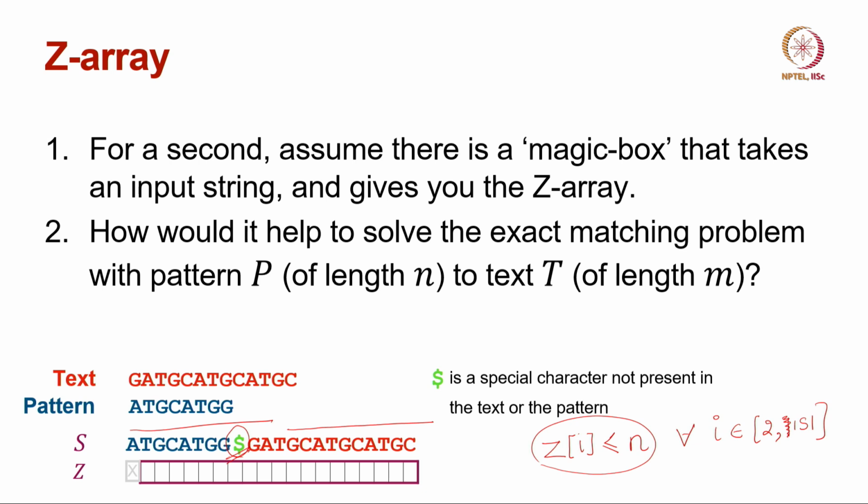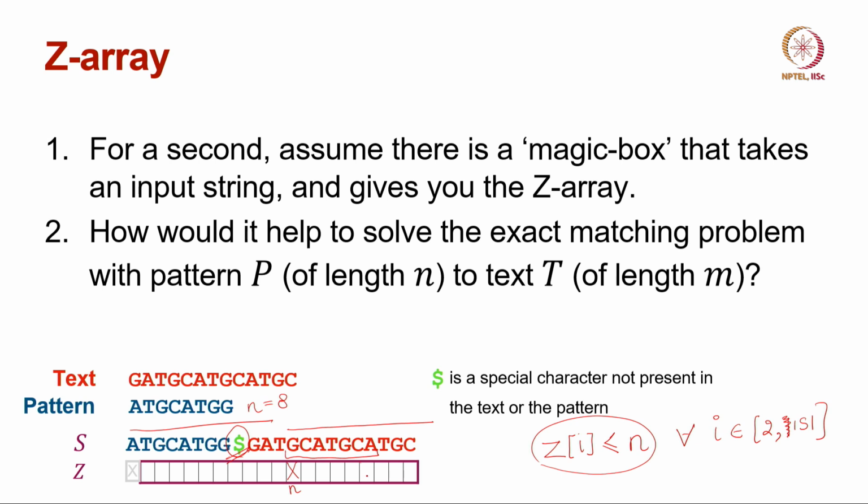The second property to note is that for the exact pattern matching problem, once this magic box gives us the Z array, all we need to check is where the value n occurs. In this case, n is equal to 8. So all we need to check is where this number 8 occurs in the Z array, because that immediately tells us that there is a substring of length 8 that matches the prefix of string S, which means there is a substring in the text which matches the pattern.